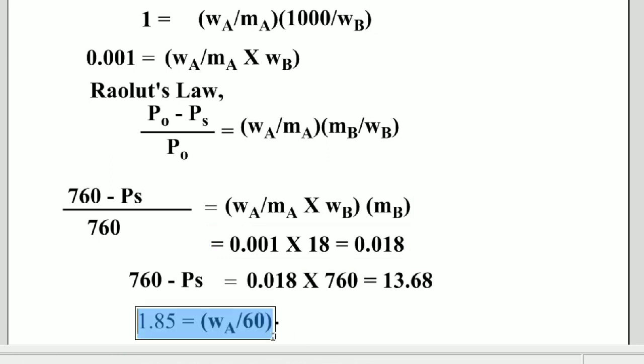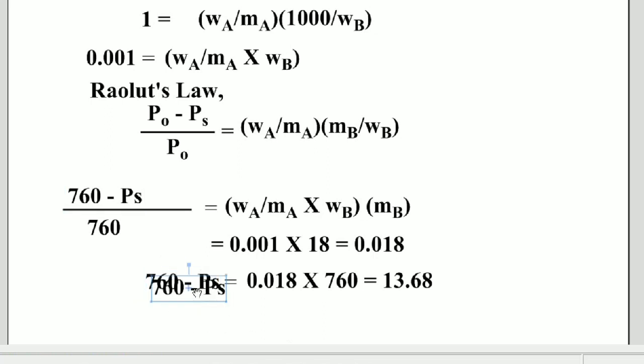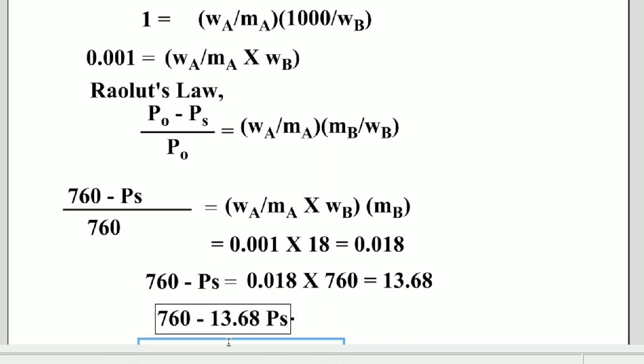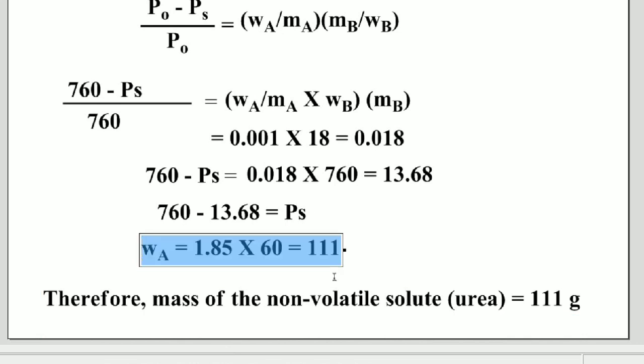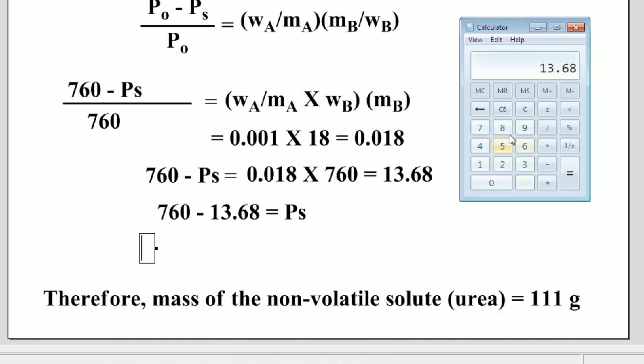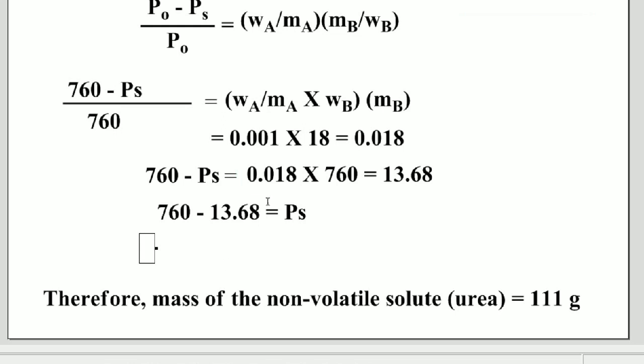So students, if we bring PS to the right hand side, we get PS is equal to 760 minus 13.68. 760 minus 13.68 equals 746.32.